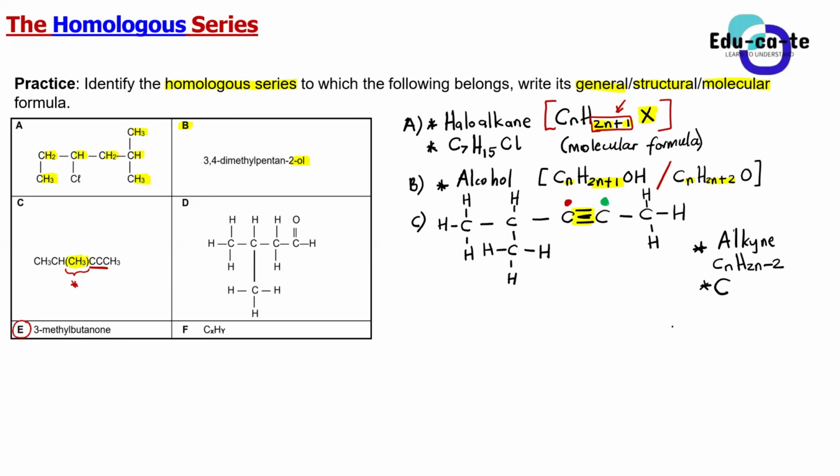You can even do a manual count. You don't always have to use the general formula. For example, H2O is a molecular formula because it tells you that this molecule has 2 hydrogens and 1 oxygen. So the molecular formula always gives you the total number of each and every atom that you have in the organic molecule.